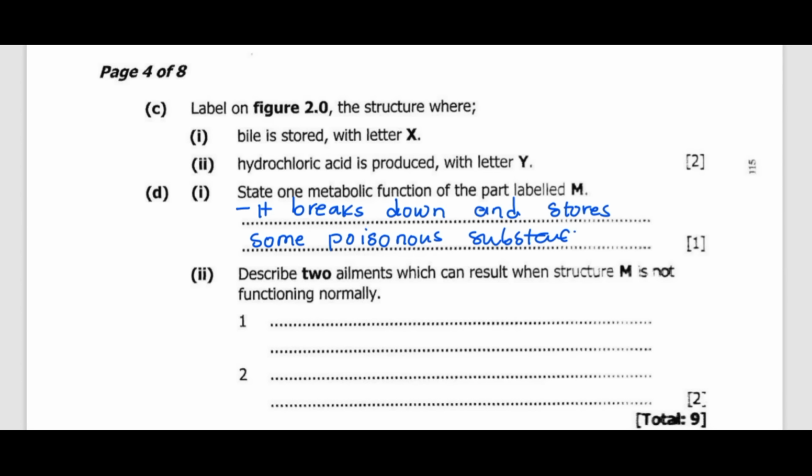The liver also stores some fat soluble vitamins like vitamin A and D. Then it also stores some mineral ions like iron, copper, and potassium. It is also used for the process of deamination. There is also detoxification. So these are some of the metabolic functions of the part labeled M, which is the liver.